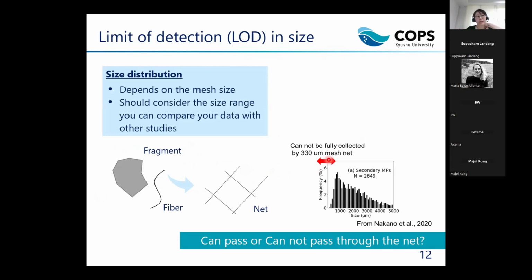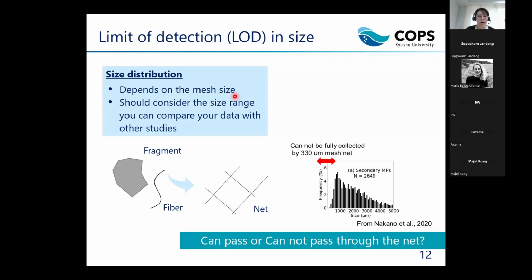And so far, I introduced QA and QC, and LOD and LOQ in abundance. But at the same time, we have another limit of detection in size. It means the size distribution depends on the mesh size or your laboratory equipment.